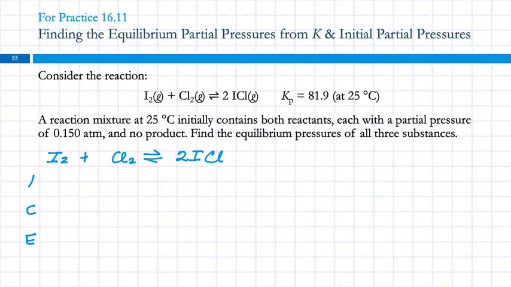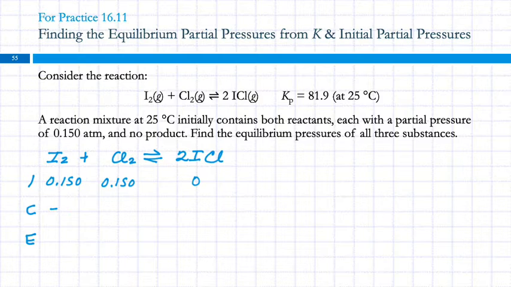So, what are the initial partial pressures? 0.150 for the reactants, right? And 0 for the product. Well, what's going to happen as this reaction proceeds? The reactant pressures will decrease.